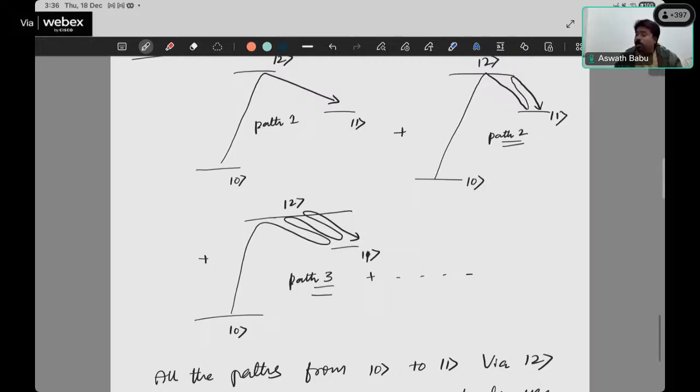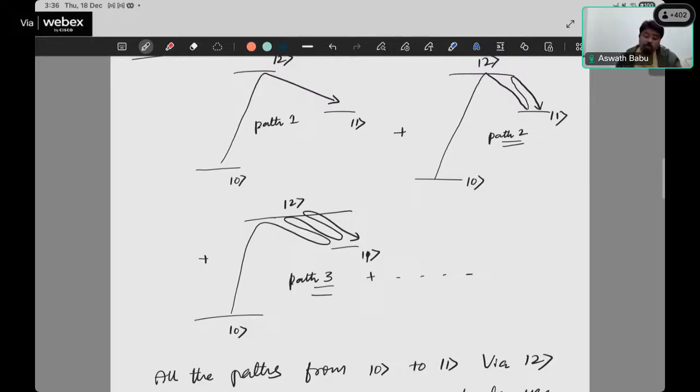It may happen via another level, but my ultimate goal is to reach level 1 from level 0. So these things will interfere, and sometimes they enhance, sometimes they destructively suppress. This is the actual quantum interference terminology and concept for you.